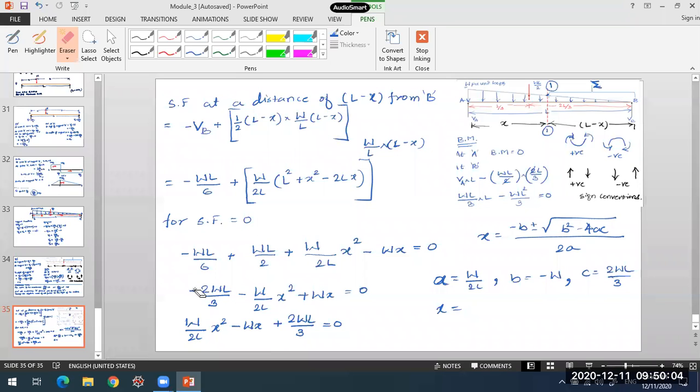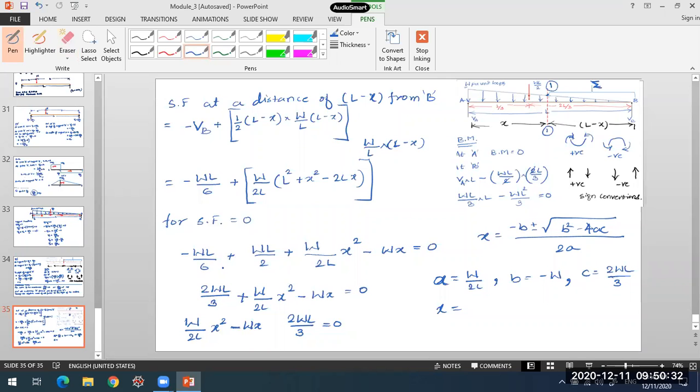what will happen to the signs, these values and signs? Correct. This value will change, plus wx square, and this is minus.